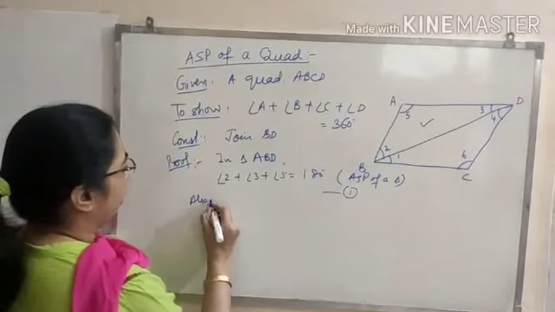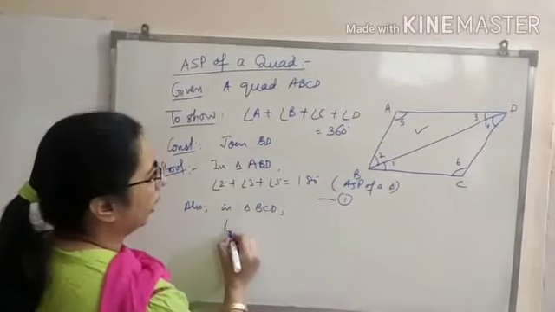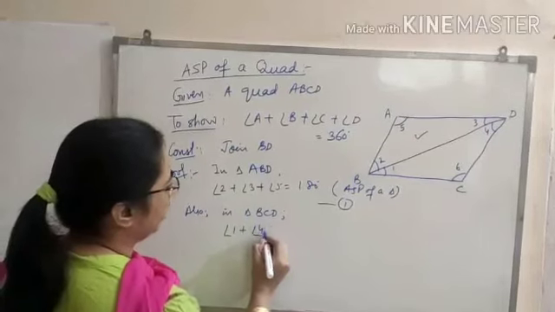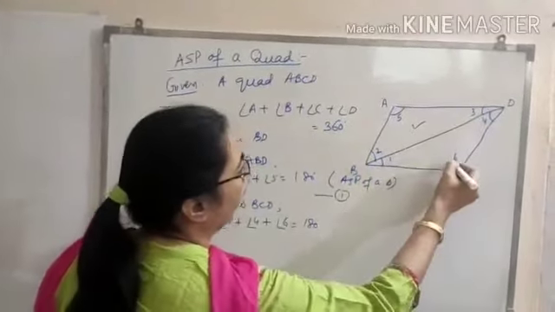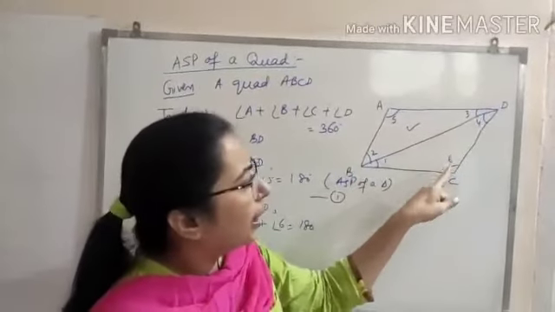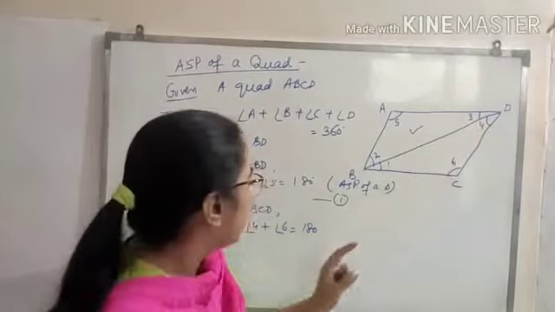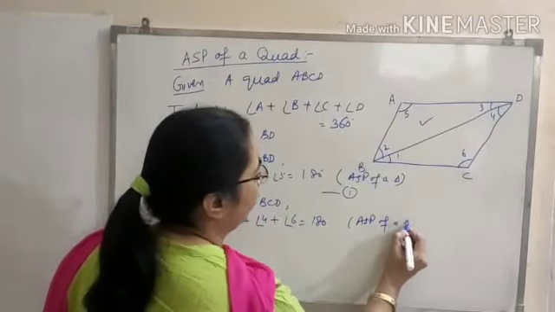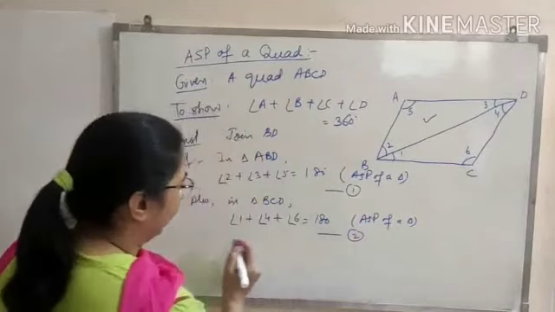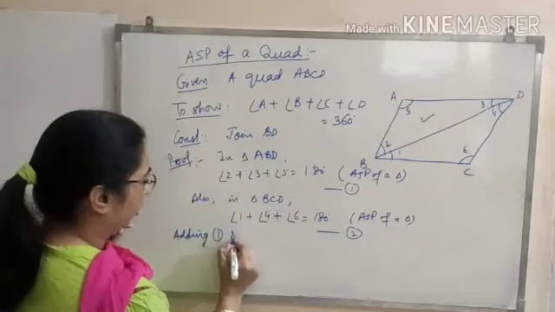Also consider another triangle. In triangle BCD, again which 3 angles are here? 1, 4 and 6. I always number the angles because it becomes easy to write. So 1 plus 4 plus 6 is again 180 degree, angle sum property of a triangle. Now you can add these two equations.